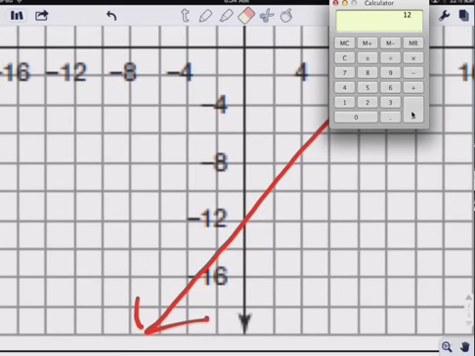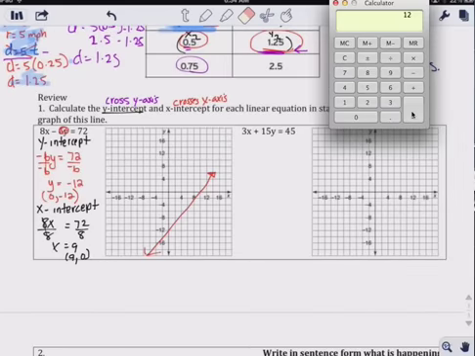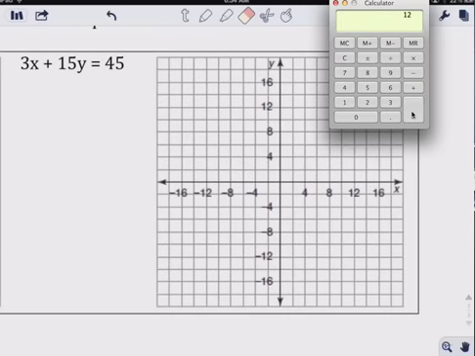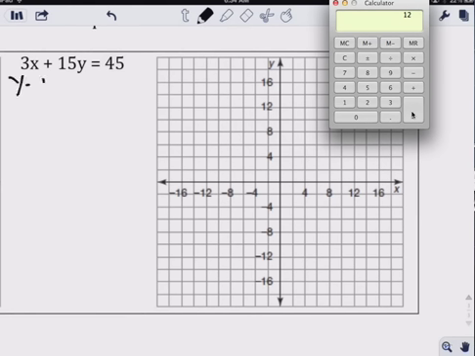There we go. You see how it crosses that y-axis? This y line right here. This line crosses it there and crosses it here. Call the x-axis and y-axis, okay? Yeah, right here. The y-intercept.